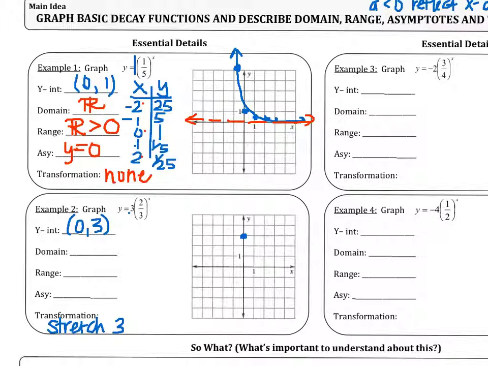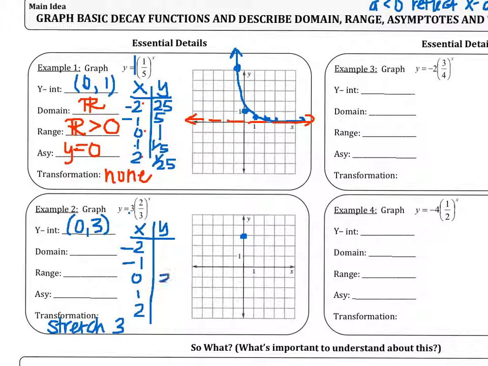Okay, you again could make a table if you needed. And if I look at this, I'm going to stick with my handy dandy -2, -1, 0, 1, and 2 values. Anything to the 0 power is 1. So 2/3 to the 0 power is 1.